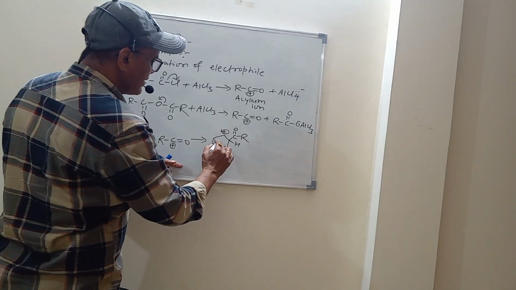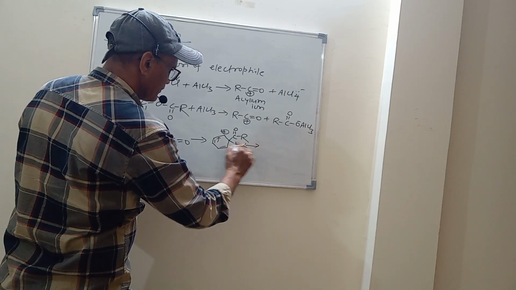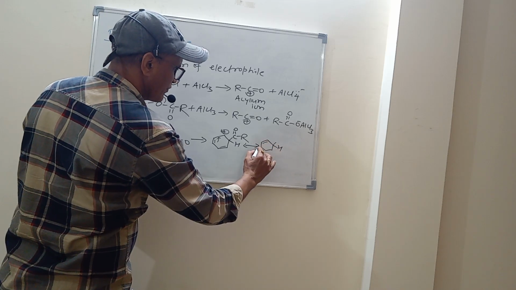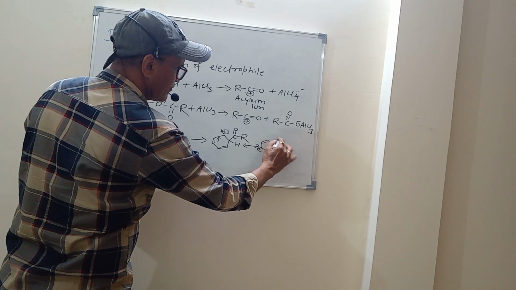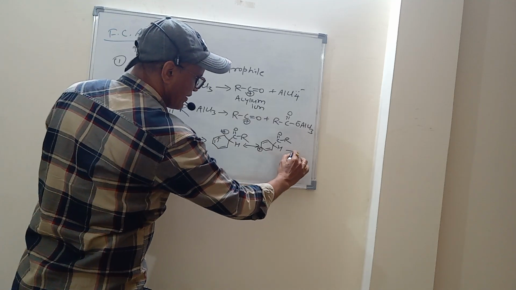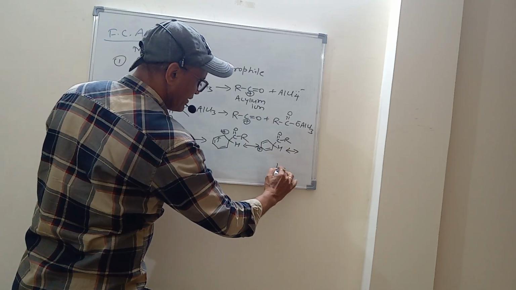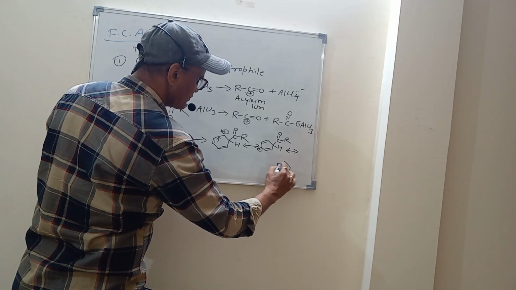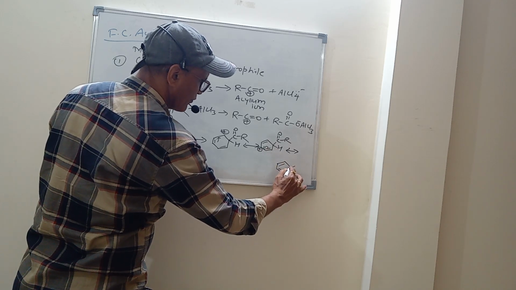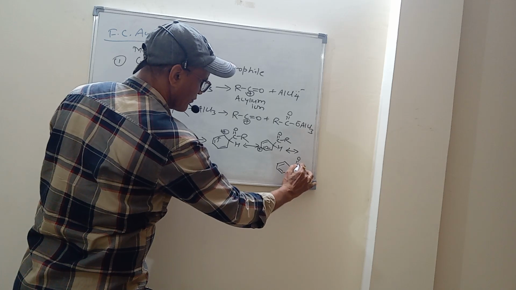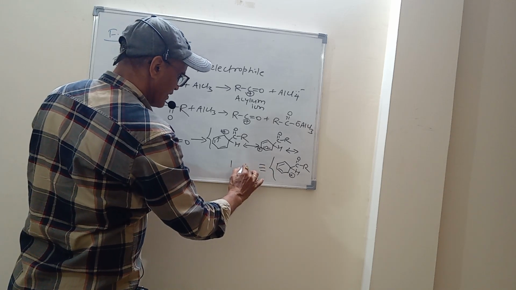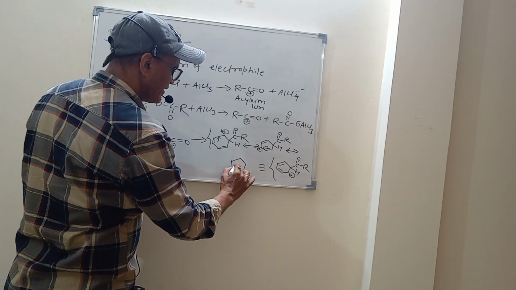So further it can be written as, positive charge is shifting here, then the next step, this bond will be shifting here, and the equivalent of these three is called Wheland intermediate.